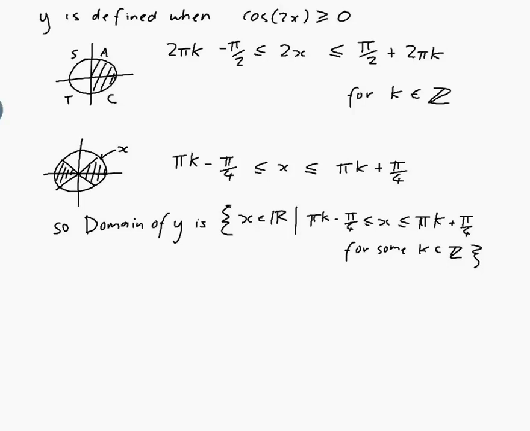Now I know that doesn't look like a particularly nice set description, but I don't think I can write it particularly easily as just a union of various intervals because there's infinitely many of them. So I think it's best to leave it like that.